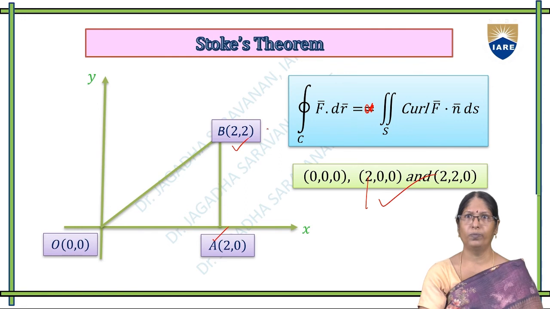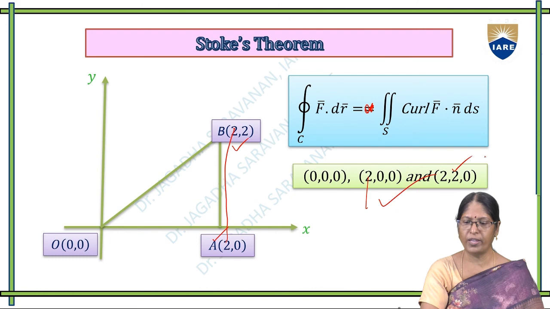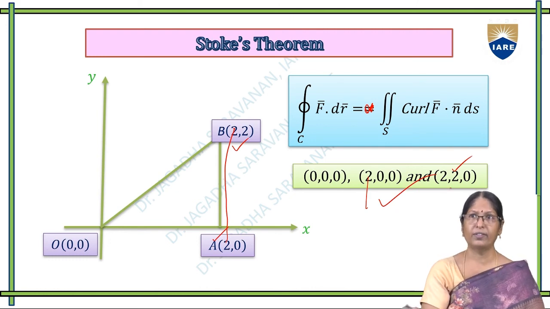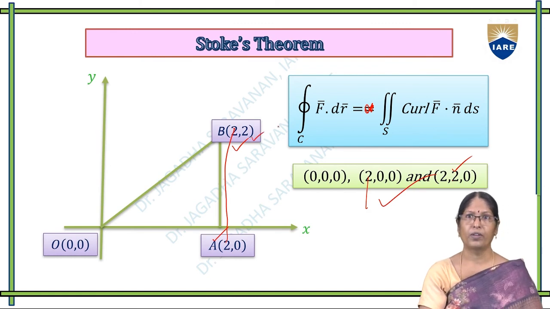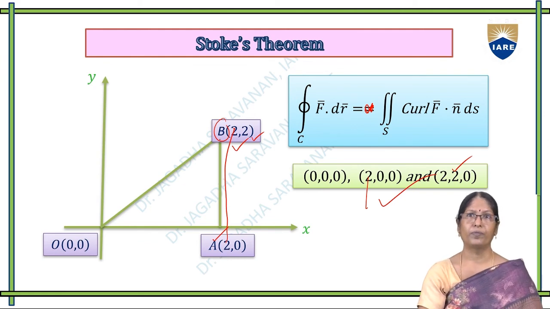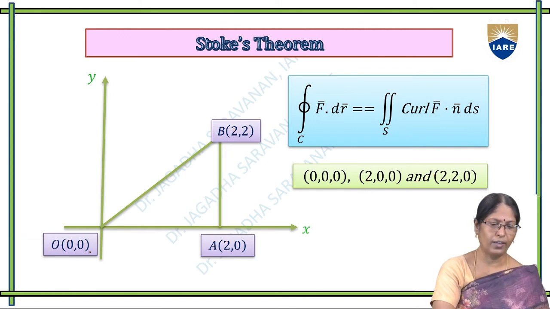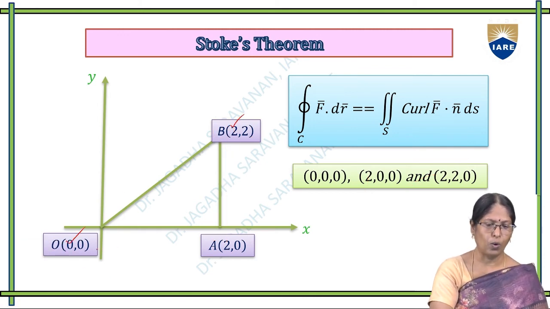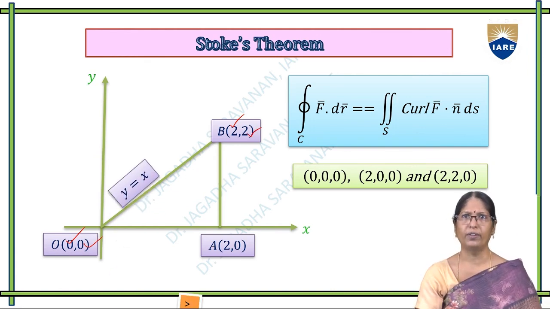Here x is 2, and y is also 2. From the vertices we can see the coordinates given in our problem, so (2, 2) is here. We named that point B, so we join AB. Noticing x from 0 to 2 and y also from 0 to 2, we can write this as x equal to y.